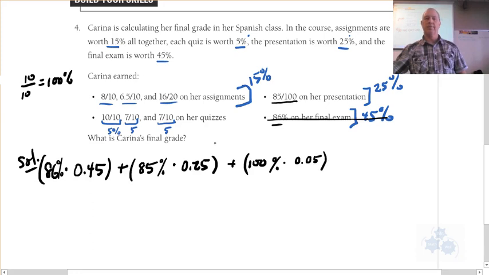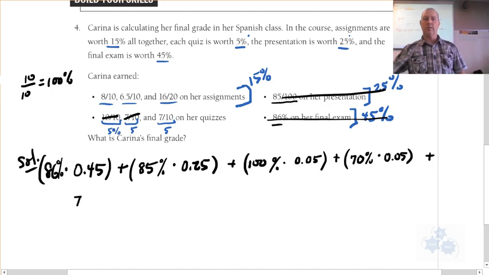Very good. So that one's taken care of. The 7 out of 10, that one is 70%, right? Times, again, 5%. That one's taken care of. And then another 70%, and I'll just come over here: 70% times 0.05 as well.